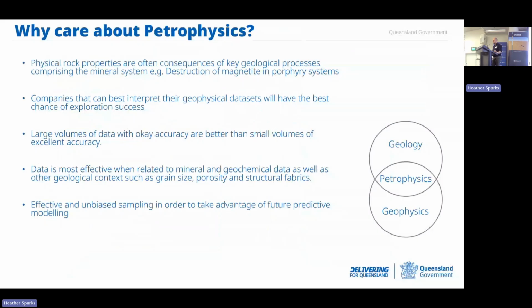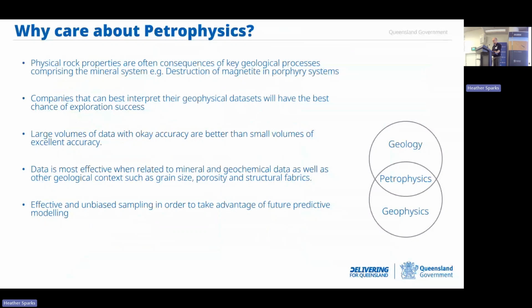There is, of course, a lot of natural variation in physical property data, particularly when it comes down to magnetic susceptibility and electrical properties, which is why it's important to collect quite a substantial amount of measurements in order to have good representation across your geology.